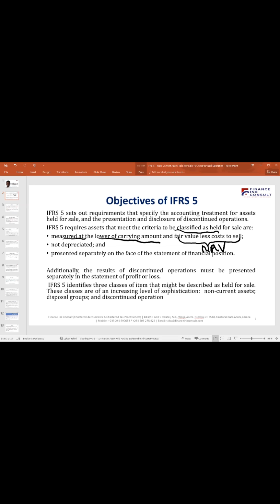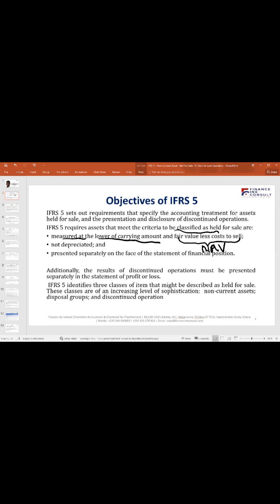Now, when an asset is classified as held for sale, when we don't want to use the asset and we now want to dispose of it, there are some conditions that need to be met. And when the conditions are met and we now classify it as held for sale, we don't depreciate them.